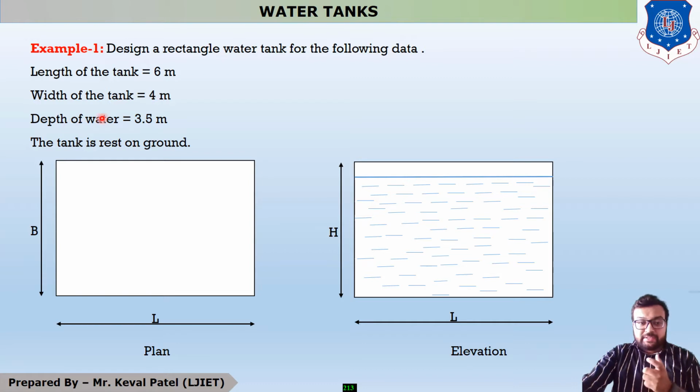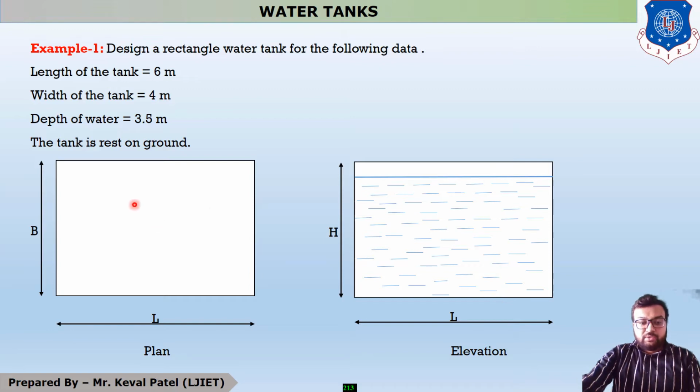There is a difference between the depth of water and height of the water tank. It is also mentioned that you have to design the water tank which is rest on ground. In this figure, this is the depth of water, so this depth is 3.5 meter.